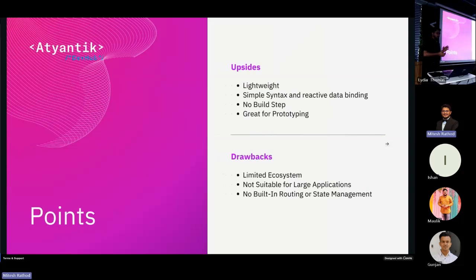So, some points here: what is the upside and what is the downside? Of course, there are some drawbacks as well. The first upside is that it's very lightweight and easy to use in a project. It has simple syntax and reactive data binding.